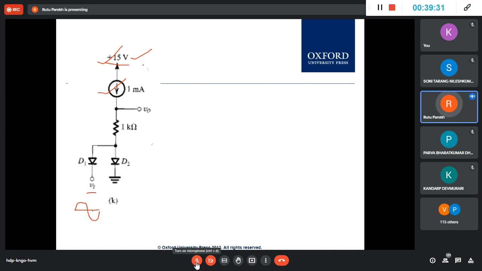This circuit is processing your signal, your information, and what is traveling is the current. Your information is in the form of current, which travels through the device and appears at the output, the peripheral device or the circuit.